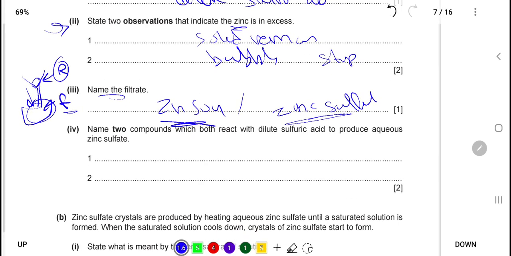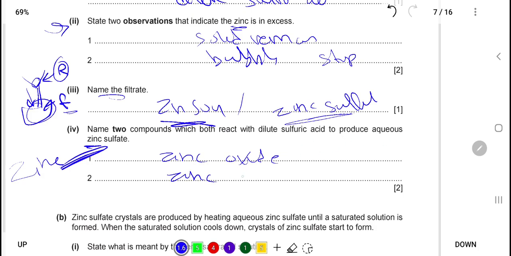Now it says name two compounds which both react with dilute sulfuric acid to produce aqueous zinc sulfate. You need to add something that has zinc. So you can add zinc oxide. Zinc oxide with sulfuric acid is going to make zinc sulfate plus another product.